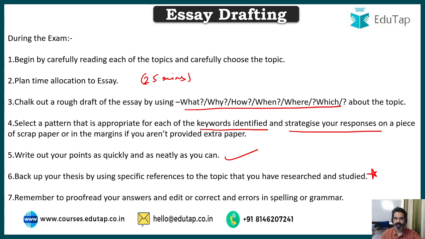But if I say 1.2 million children die due to malnutrition in India every year, this 1.2 million makes the sentence a fact and makes it believable. That is the backup I am providing if I'm writing about malnutrition in India. So this is the information that I should remember. Always back up your thesis by using specific references to the topic that you have researched and studied.